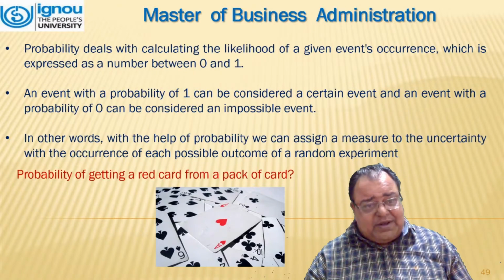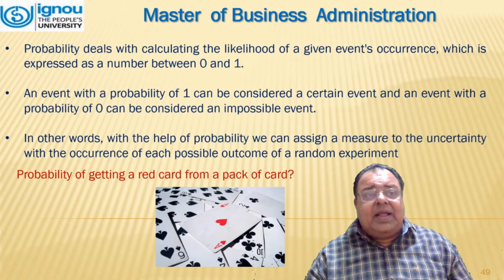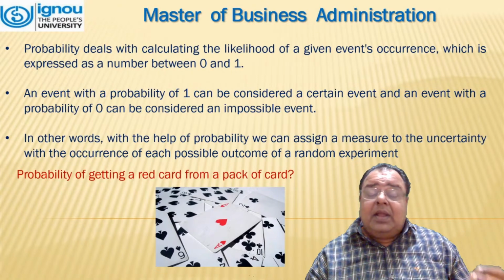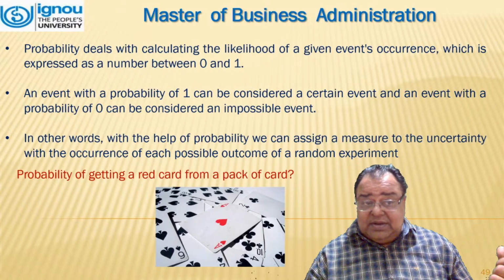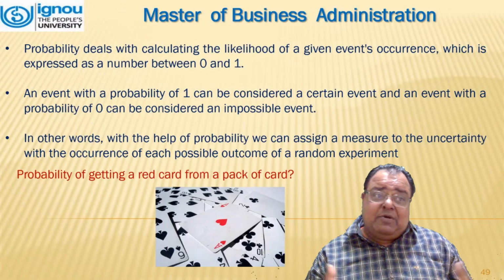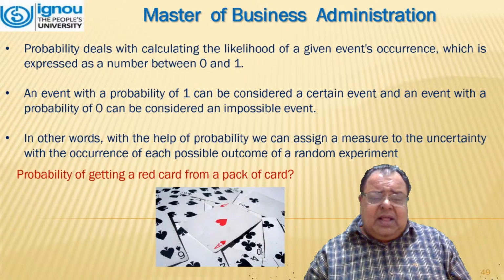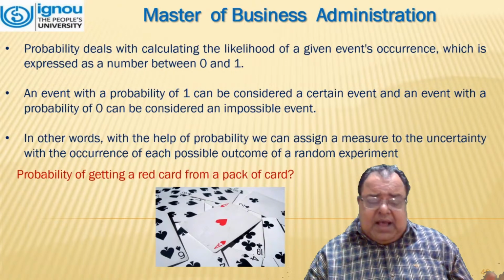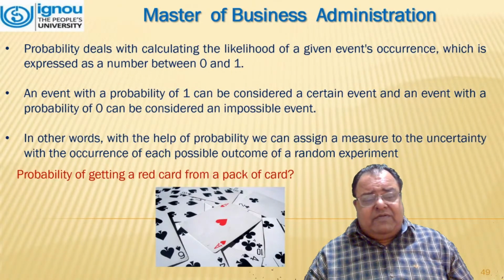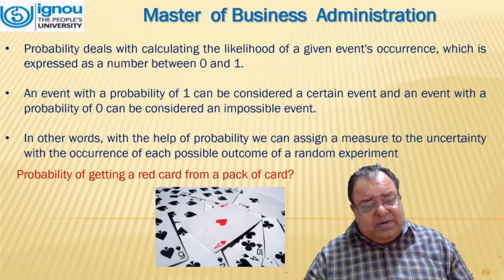That is a fact, and the probability is always 1. And the sun will come from the west. That is an impossibility. That means its probability is 0. In other words, with the help of probability, we can assign a measure to the uncertainty with the occurrence of each possible outcome of a random experiment.